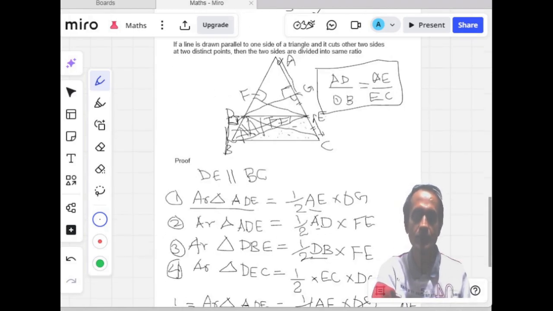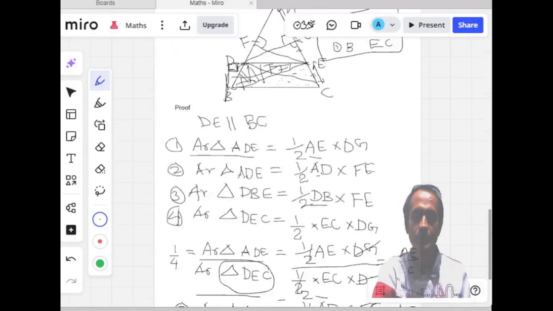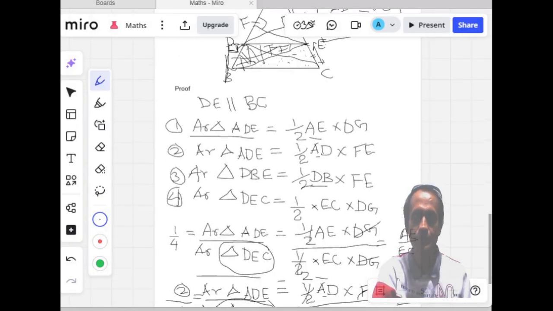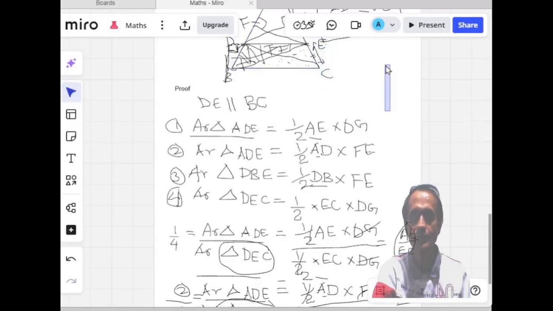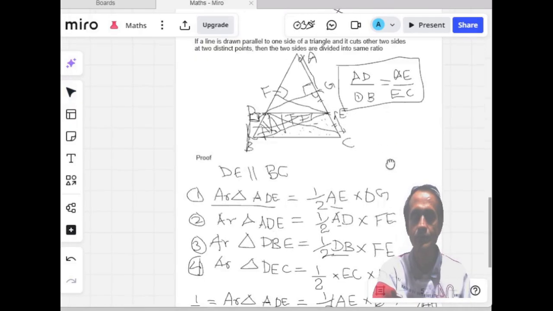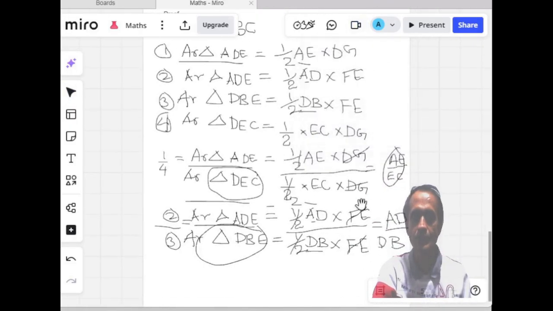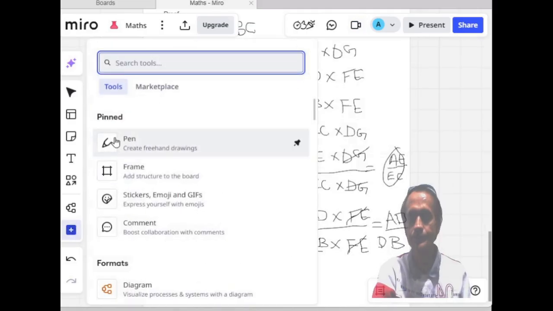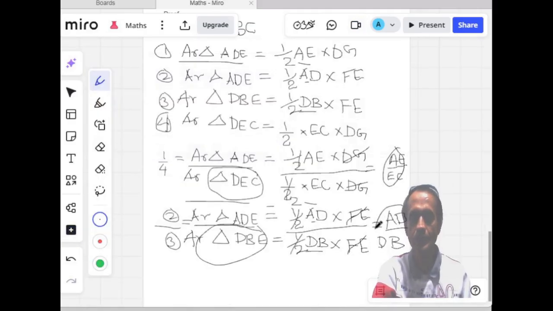So if this is equal, then what does that mean to us? This means that AE by EC is equal to AD by DB, because these two triangles are common and the area of DEC is equal to the area of triangle DBE.